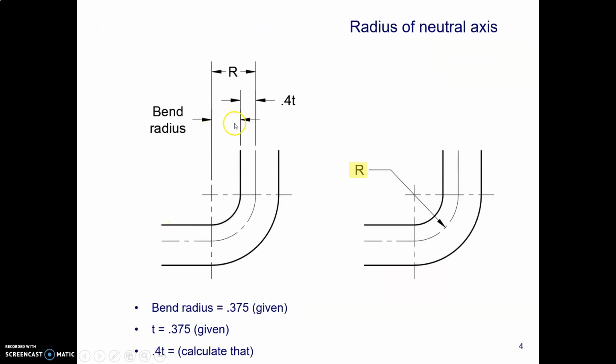Here is the bend radius, that is our press brake die. Here is our 0.4t. That will give us the radius of the neutral axis circle.